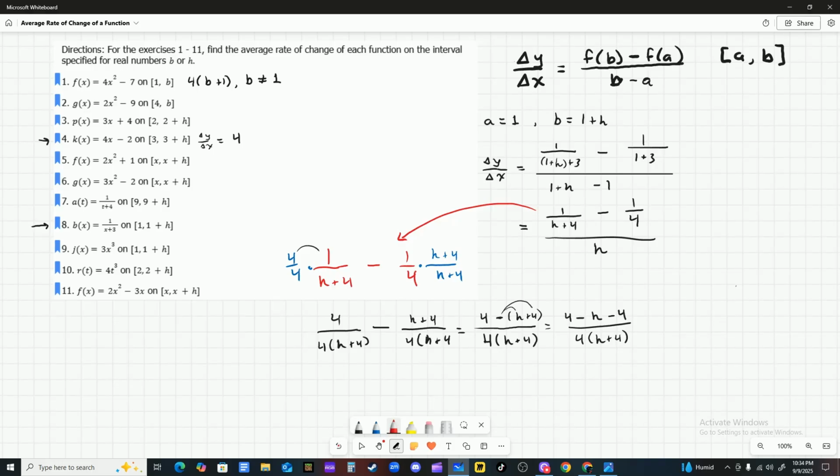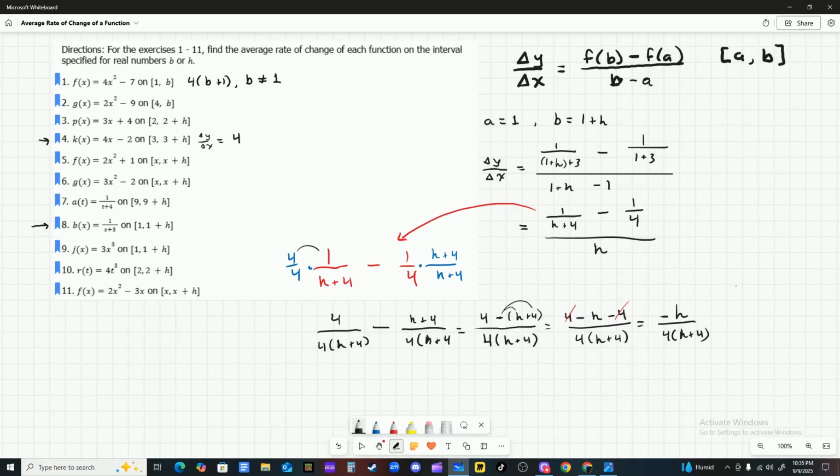From here you can see that the 4's cancel out and we're left with the negative h on top. So we get negative h over 4 times h plus 4. So this is now our simplified numerator.